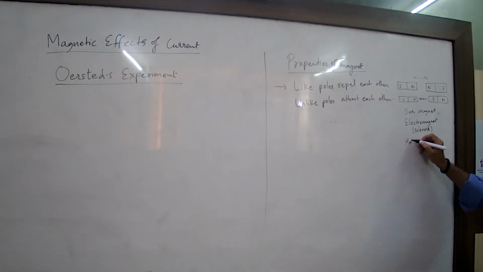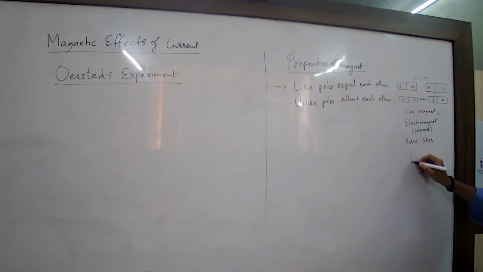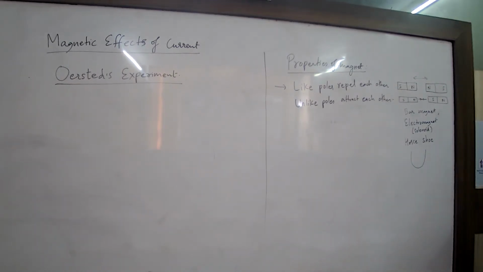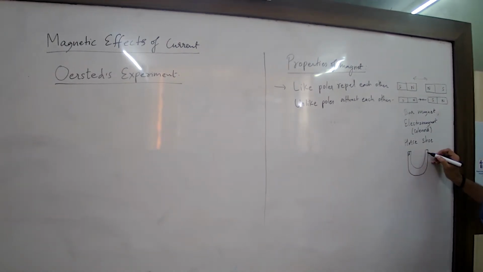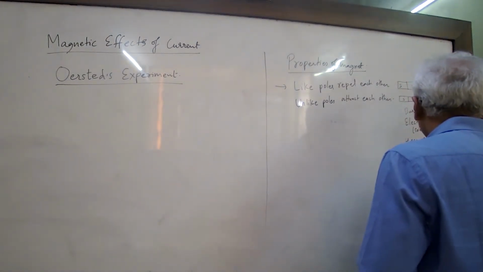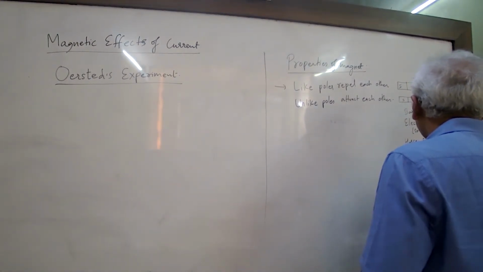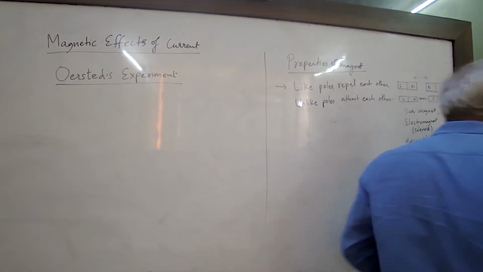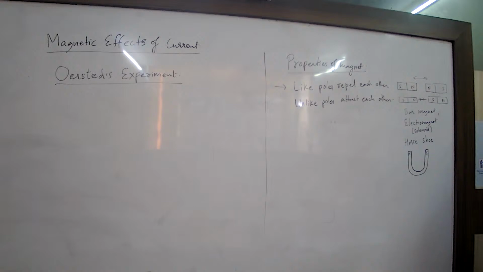Horseshoe. What else? Horseshoe is nothing but a bar magnet turned in a U shape. So this is north and south. So this is a horseshoe. Which other magnet type do you know?